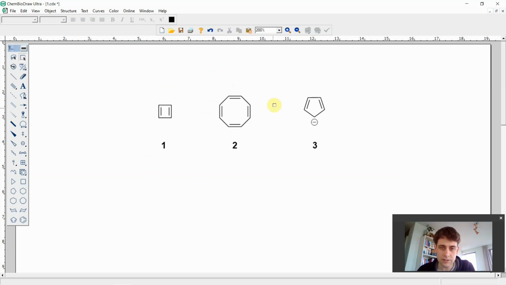The second molecule is this cyclooctatetraene. Here we again have a molecule that is cyclic. All the double bonds are conjugated, so always double bond, single bond, double bond, single bond, and so forth. And we have 1, 2, 3, 4 double bonds, and this corresponds to 8 pi electrons.